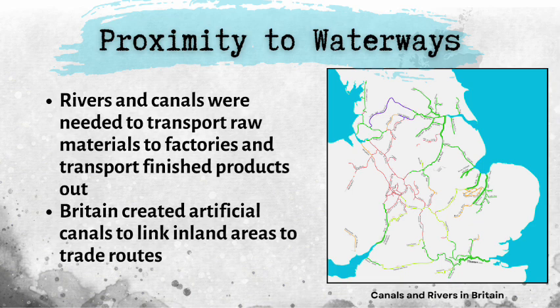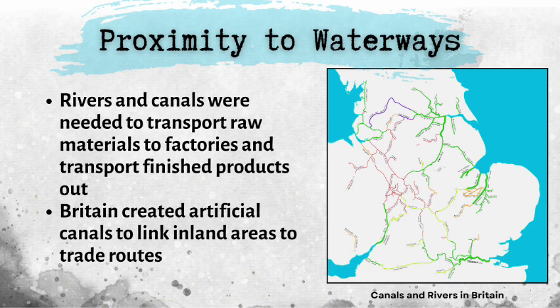So let's examine the proximity to waterways. During the early stages of industrialization, Britain's network of rivers and canals bolstered its industrial growth. These waterways facilitated efficient transportation of raw materials such as coal and iron directly to factories and subsequently allowed finished products to be transported to ports and cities with ease.